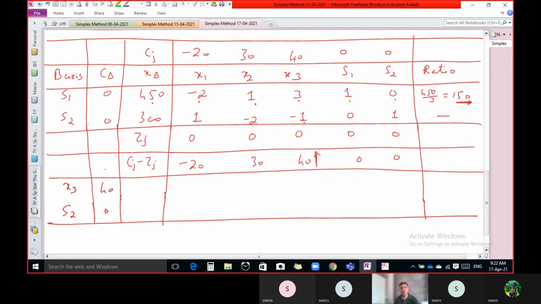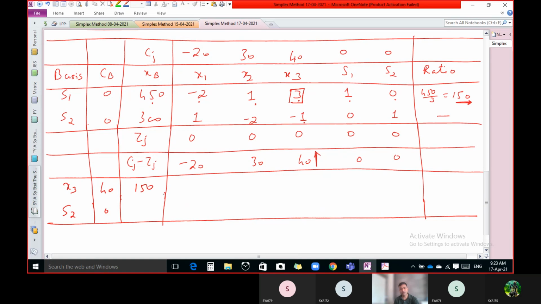Okay, now what we have to do, divide all the elements of this key row by the key element. This becomes our key element. Why? Because it is in the key row as well as in the key column. So divide all these elements of the key row by 3. So 450 divided by 3, we get 150.